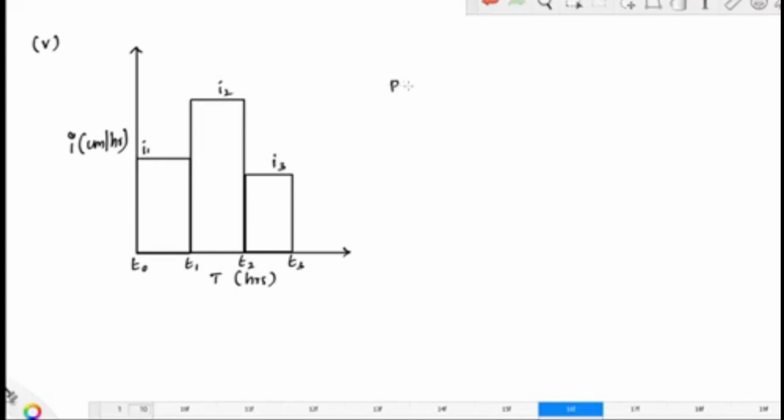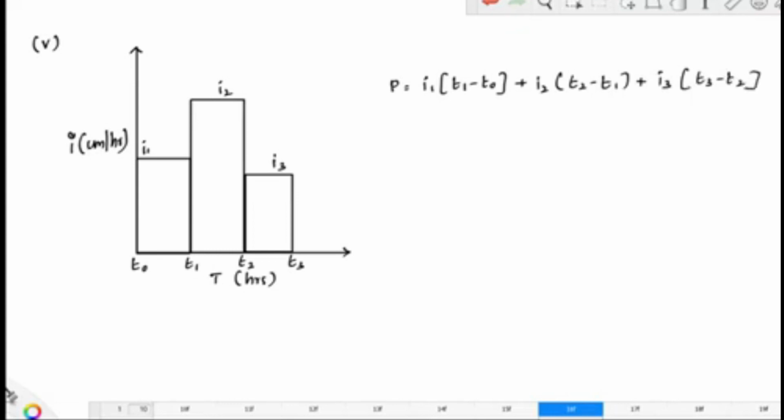We can find out rainfall depth P is equal to I1 into (T1 minus T0) plus I2 into (T2 minus T1) plus I3 into (T3 minus T2).